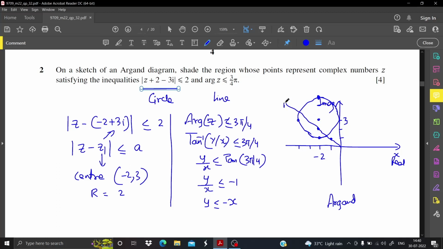If you see, this angle is 3 pi by 4. Now the solution is asking for in between. It has to be within the circle, since the radius is 2 units, and it should also lie within the angle. That's how you shade the inequality. So this is how this question works out.